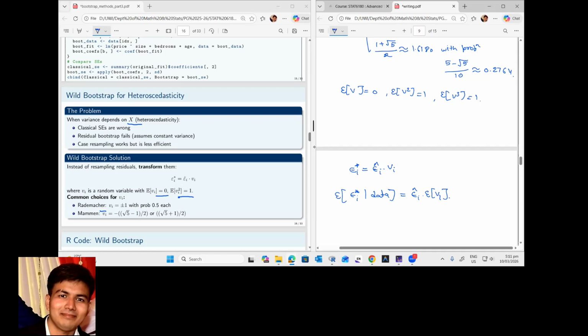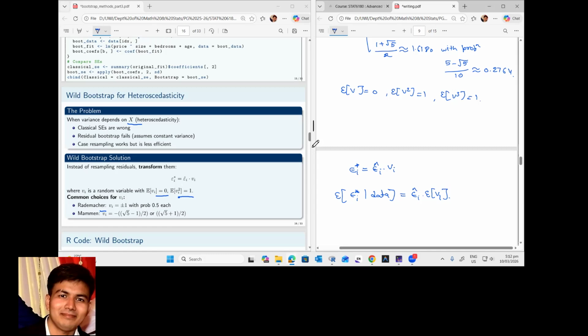But we have the assumption that the mean of the error should be 0. So that's why we need to take Vi in such a manner: the expected value of Vi should be 0. Then the entire mean will be 0 because epsilon i hat times 0 is 0. So for the bootstrap error to have mean 0, which is the standard regression assumption we require, the expected value of Vi is 0. Both the Rademacher and the Mammen distributions satisfy this.